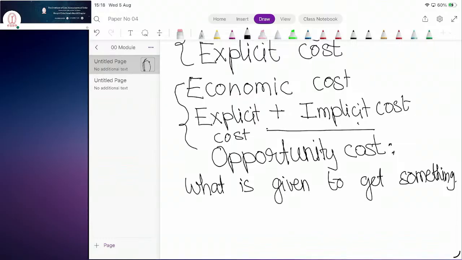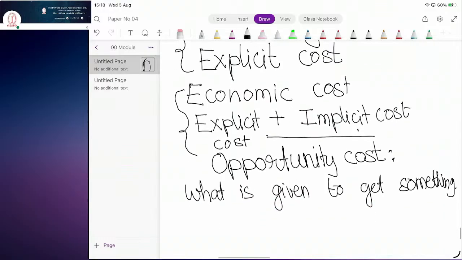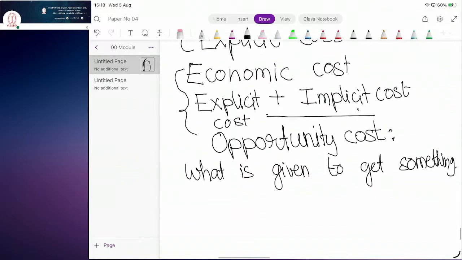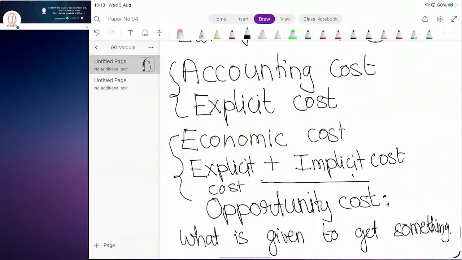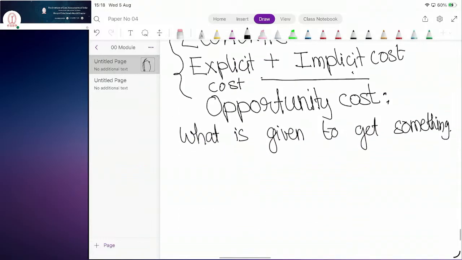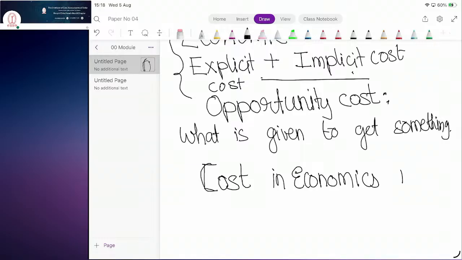Okay, are these three terms clear? Accounting cost, economic cost and opportunity cost. Then can I proceed? So in future, remember, whenever we are discussing cost in economics, it always means economic cost, or sometimes they also call this as opportunity cost.